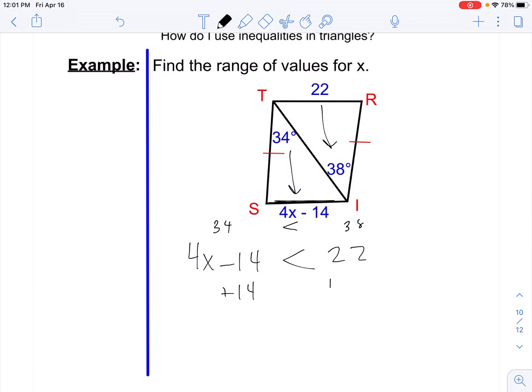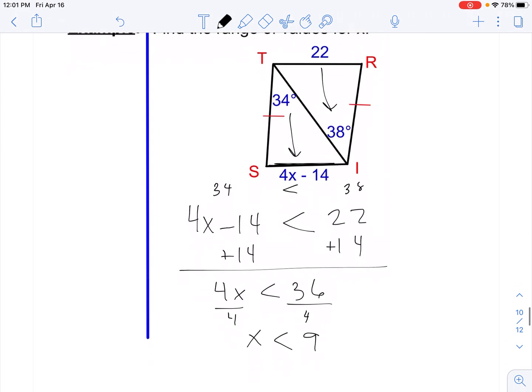I'm going to solve this by adding 14 to both sides, dividing by 4. And now I need to find my other bound by saying that a side can't be negative, so this has to be greater than 0.